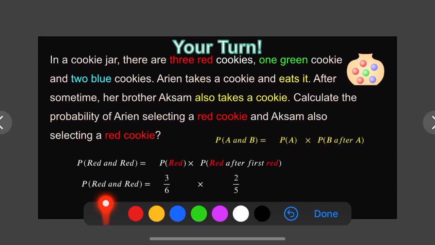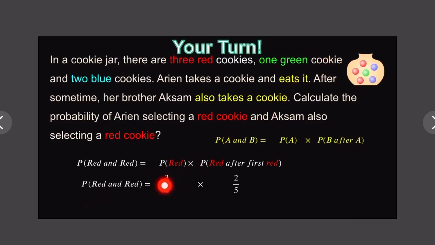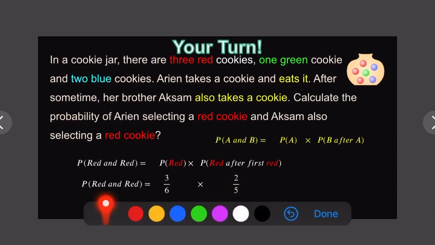Since we have 3 red cookies altogether, out of how many cookies? 6, right? So out of the 6 cookies, we have 3 red cookies. So the first fraction is 3 by 6. For the second event, we have a red again, right? But since the first one is eaten, we have 2 red left now. Also, the total number of cookies is different now, since we have taken one.